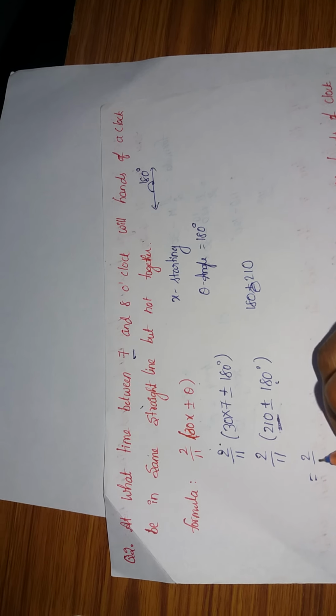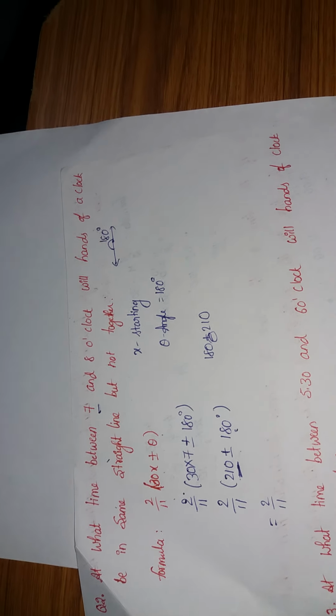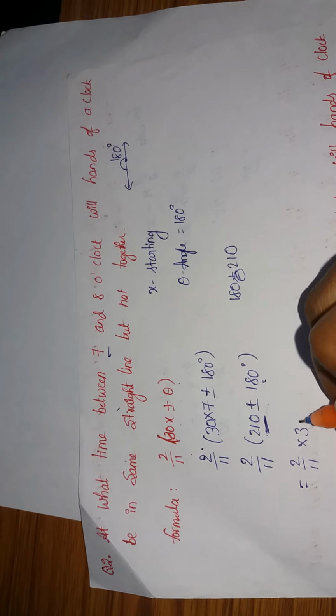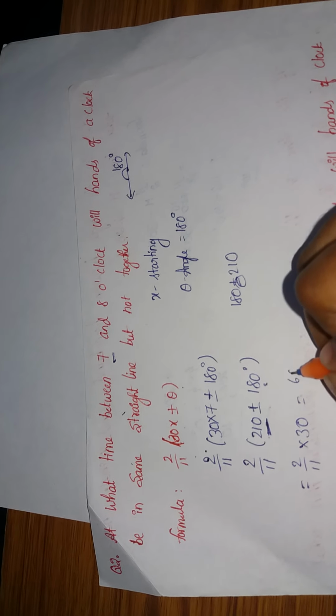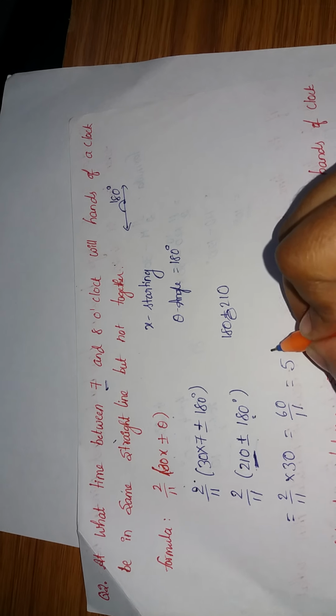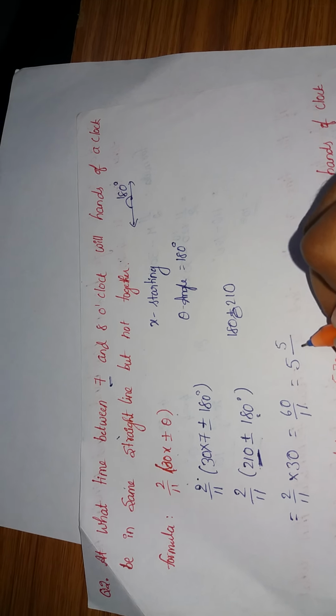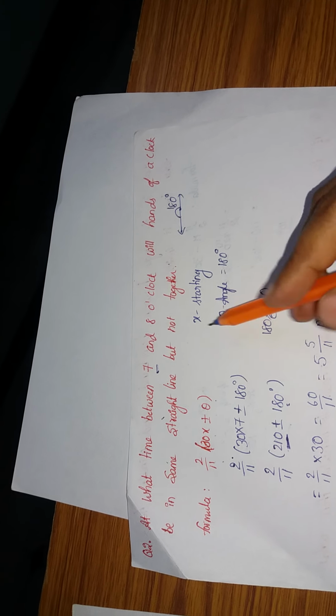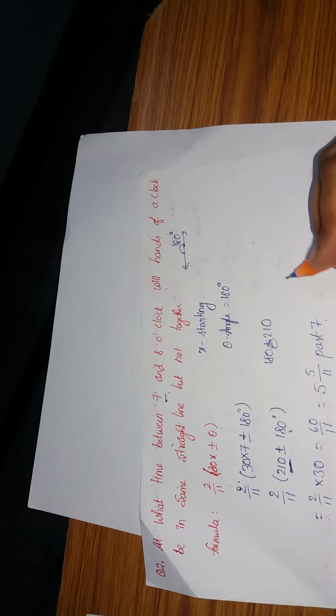So that's why we got the answer: 210 minus 180 gives 30. So 60 by 11. That is, 11 fives are 55, which gives a remainder 5 by 11, past 7. So we have to write the starting time with it. So these two hands are in the same straight line at 7 hours 5 by 11 minutes of time.